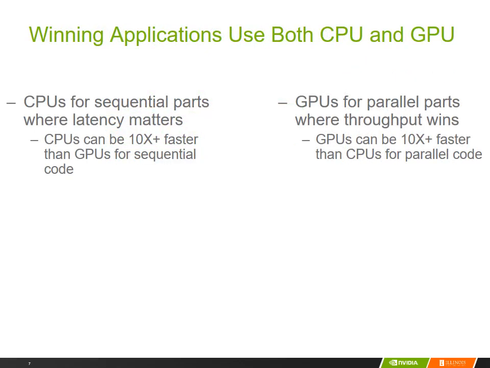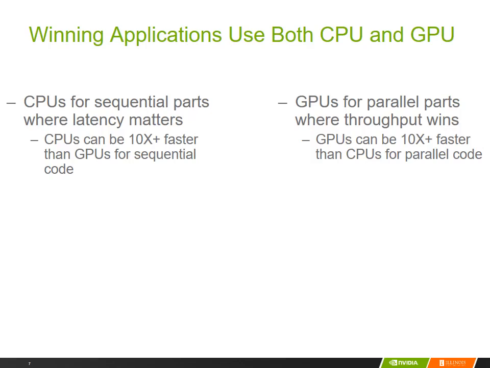Now that we have seen that CPUs and GPUs are designed for very different strengths and weaknesses, we should be able to easily understand why winning applications use both CPUs and GPUs. They will use CPUs for sequential parts where latency matters. In typical parts of the application where there's very little parallelism, CPUs can be 10 times or more faster than GPUs for this sequential code.